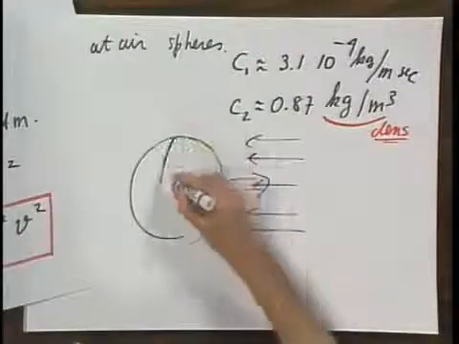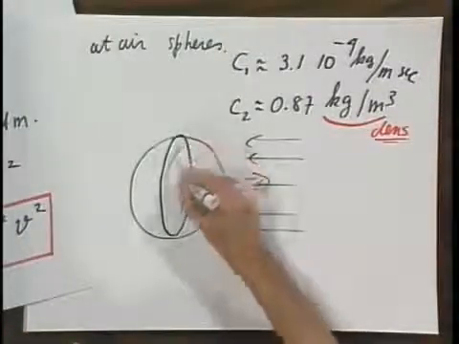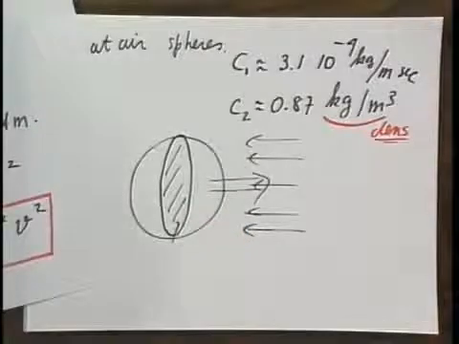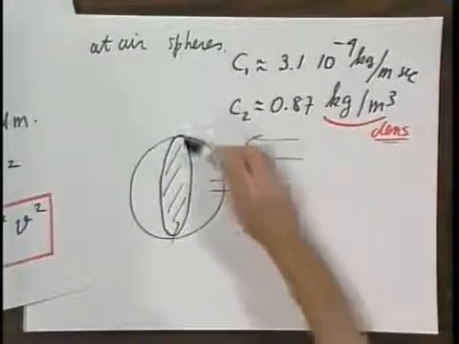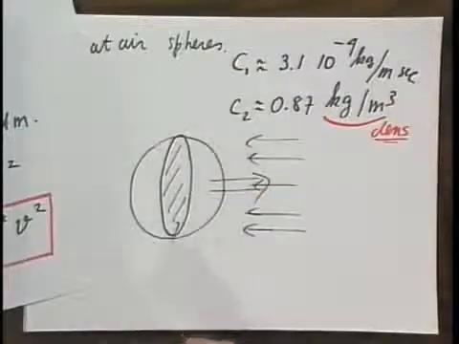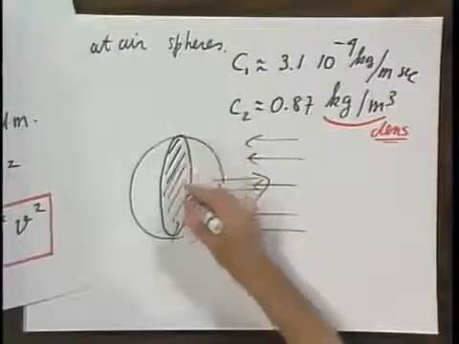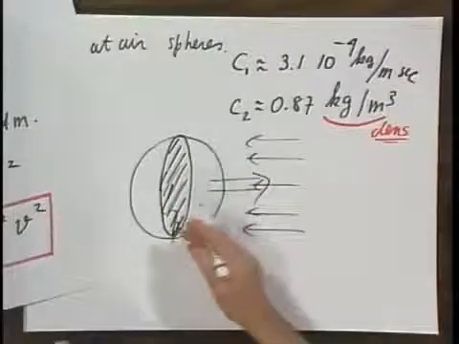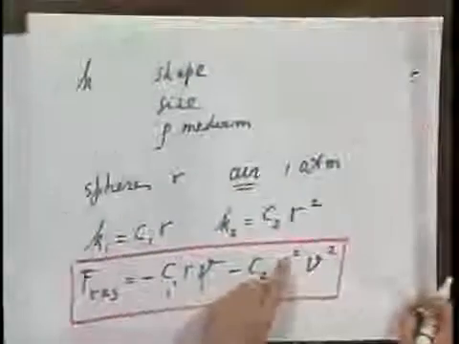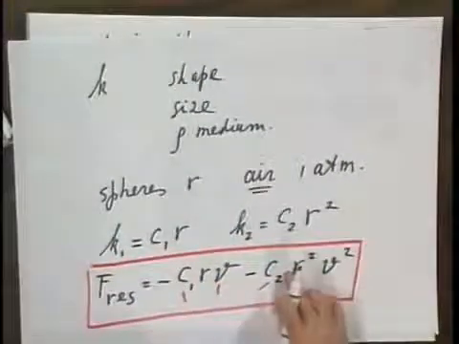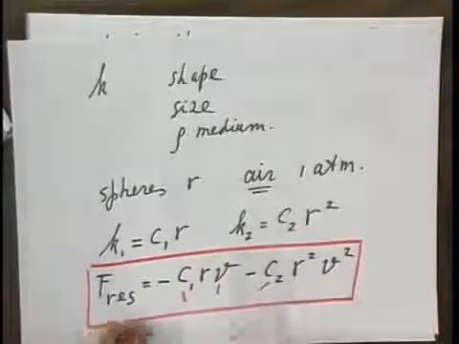Well, the cross-section of this sphere is obviously proportional to the resistive force. And so you're not surprised that that resistive force is proportional to this surface area, and that goes with R squared. So the R squared term is something that comes in quite natural.